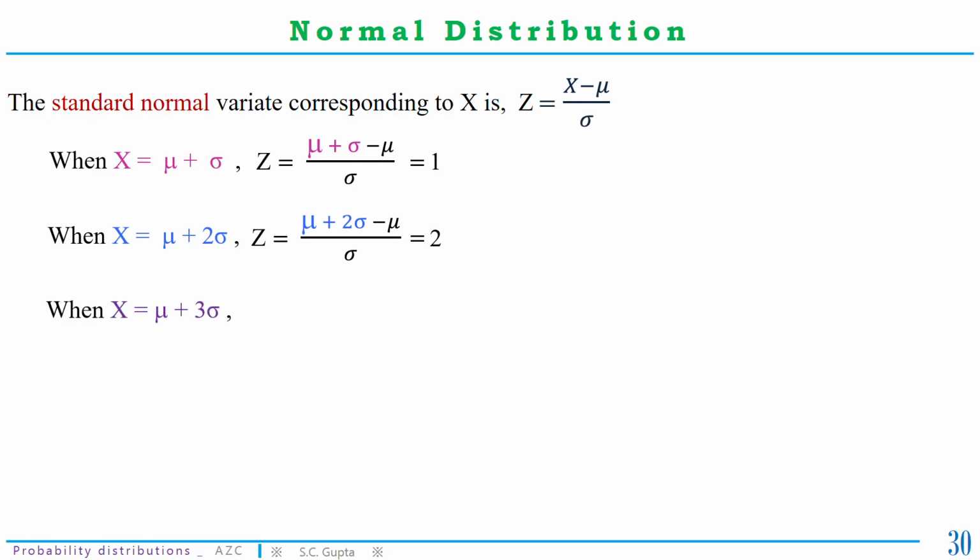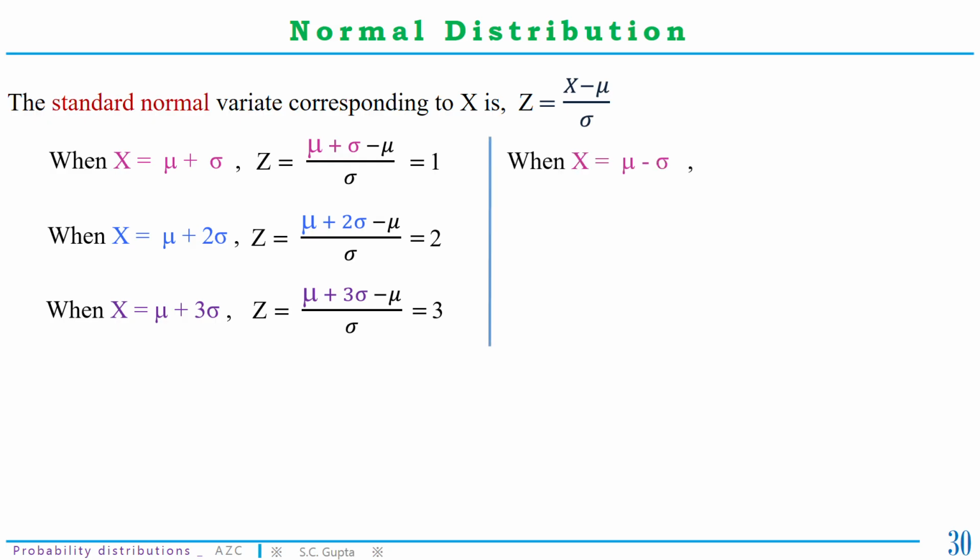Now, for 3 standard deviations on the positive side, put x as mu plus 3 standard deviations in the equation of z. The z value is 3.